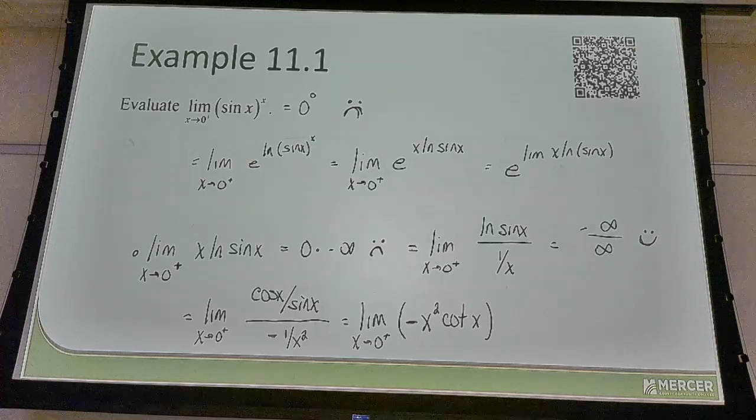We have 0 over 0. Positive. So I don't want to write it that way.